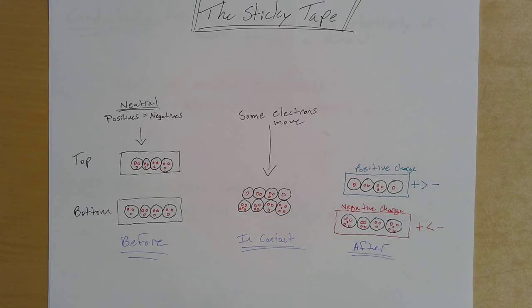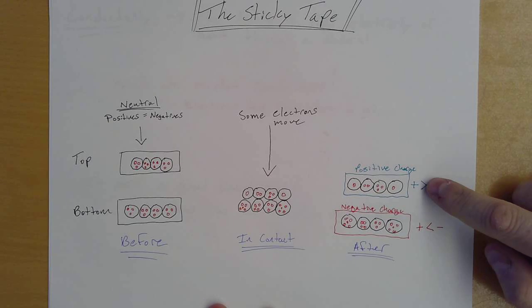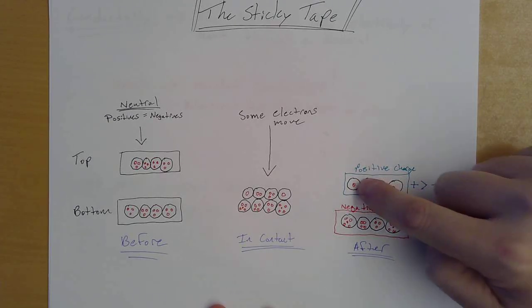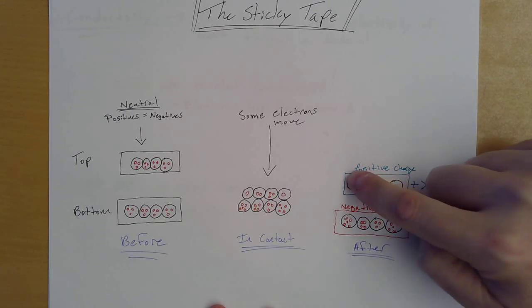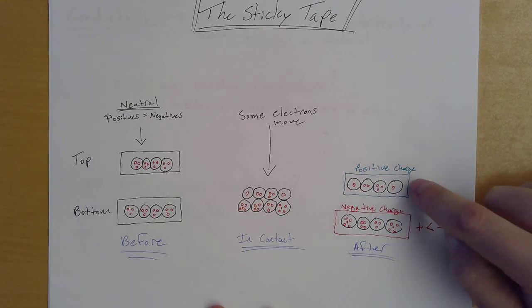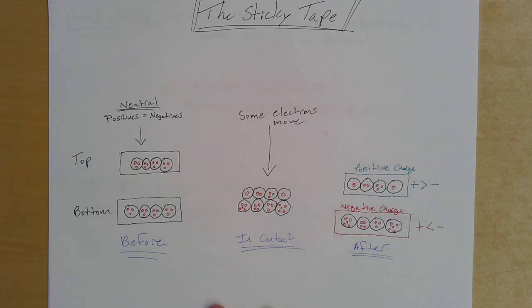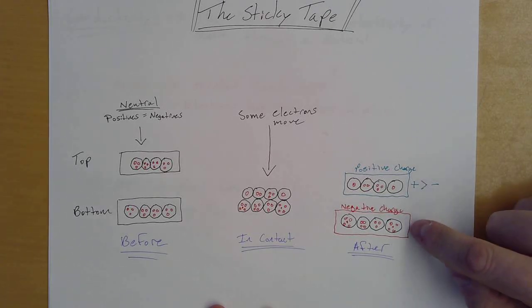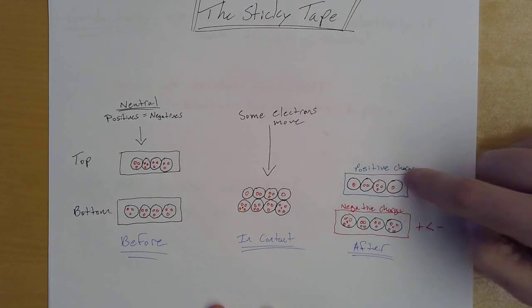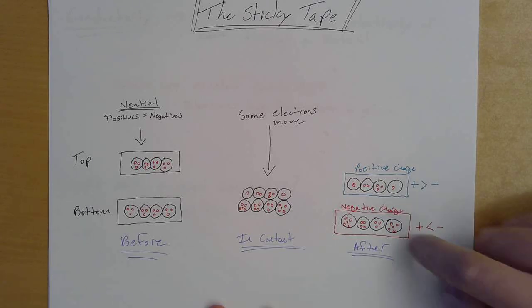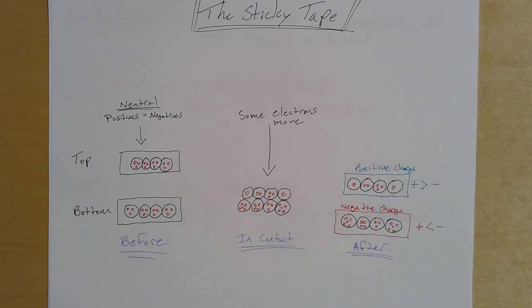When we pulled them apart, those electrons didn't come along for the ride anymore. So we ended up with a positively charged piece of tape. We now have the same positive cookie dough, but we have less of those electrons, and we have more of those electrons down here. So we have this positive tape, which was our top tape, and our negative tape, which was our bottom one.